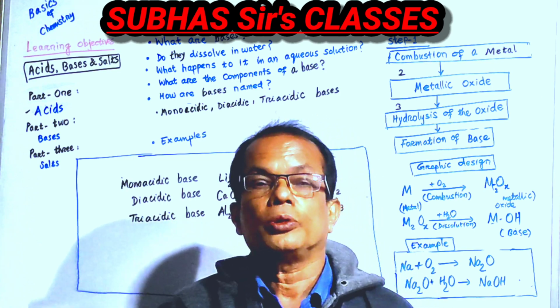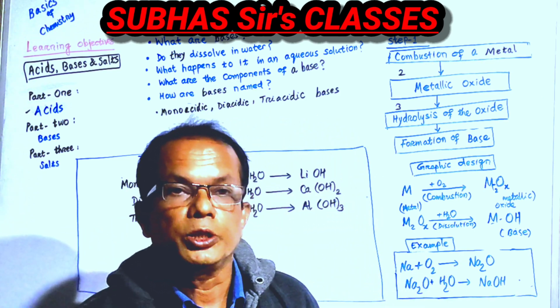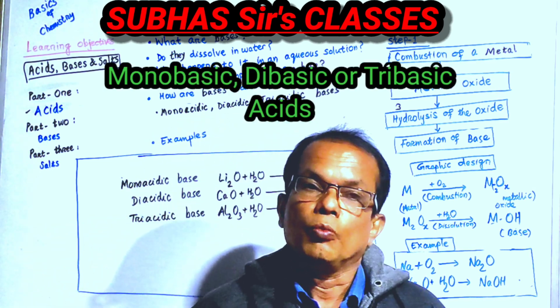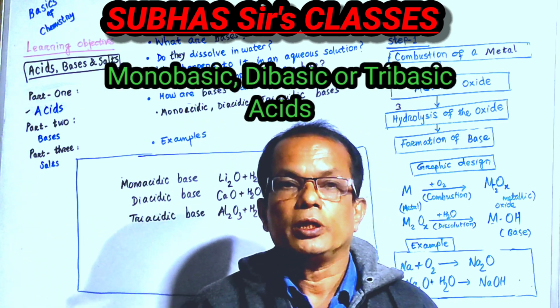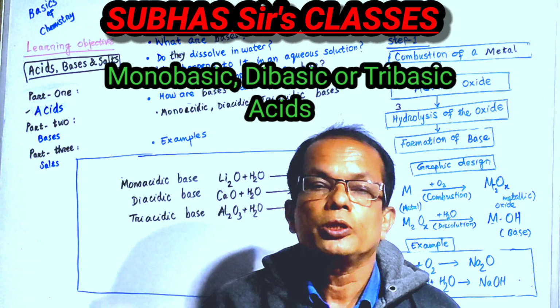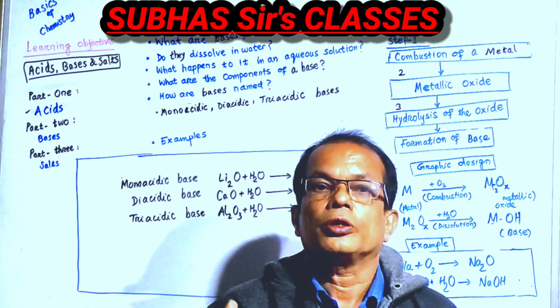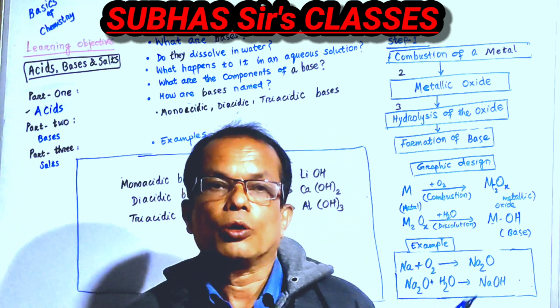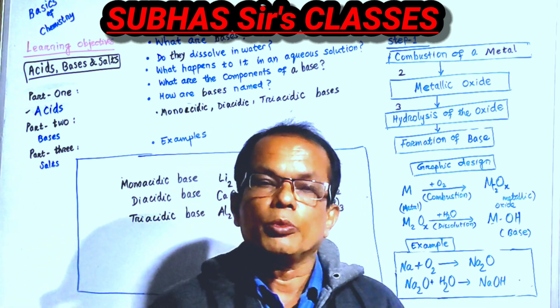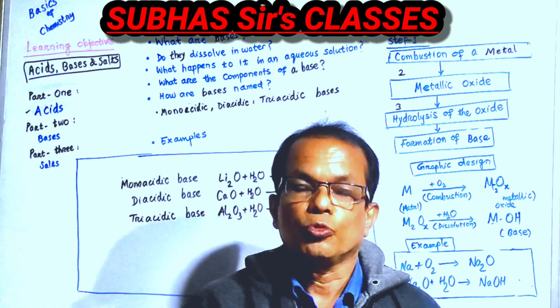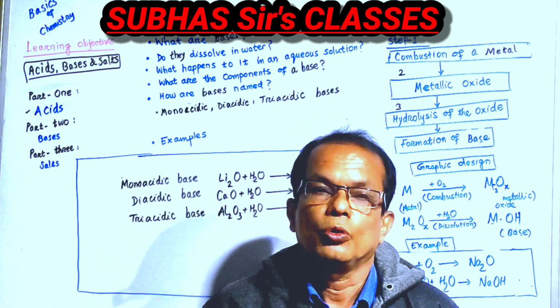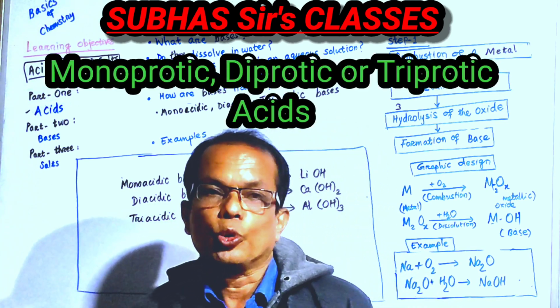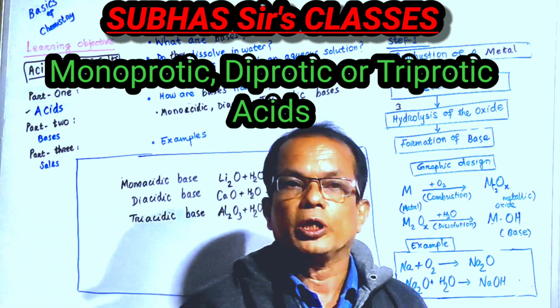In that video, I had told you that acids can be classified into monobasic, dibasic and tribasic acids, meaning the acids that can give single, double or triple H plus ions are known like that. In some other countries or some other books, we can find them to be monoprotic, diprotic and triprotic too.